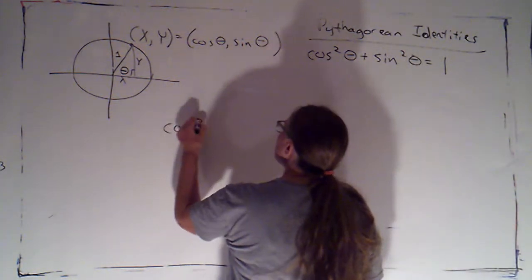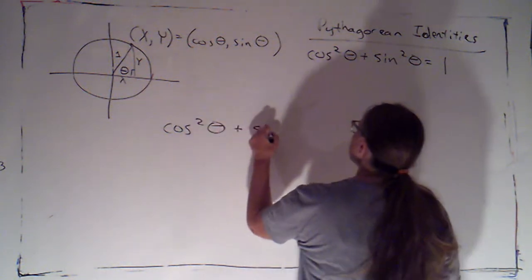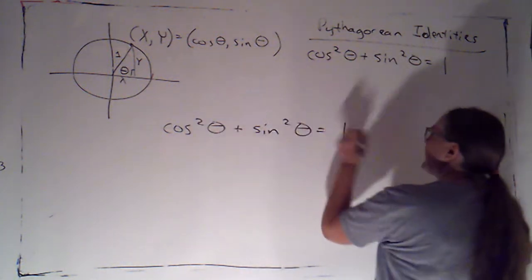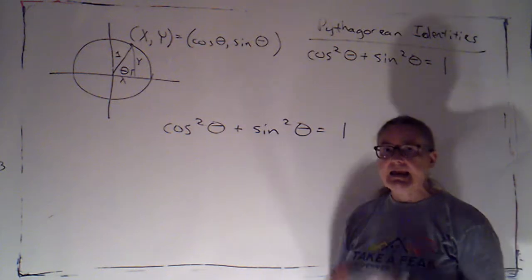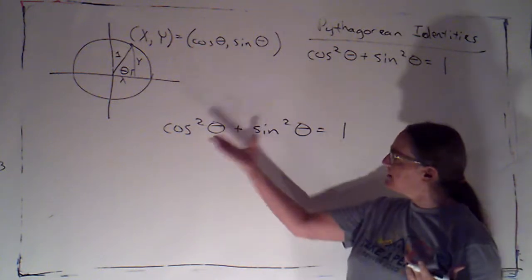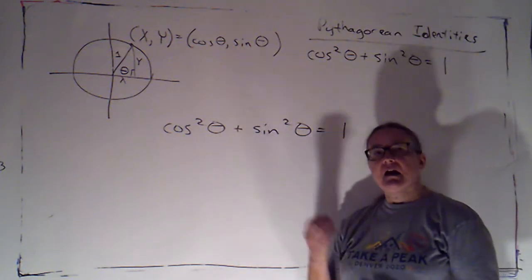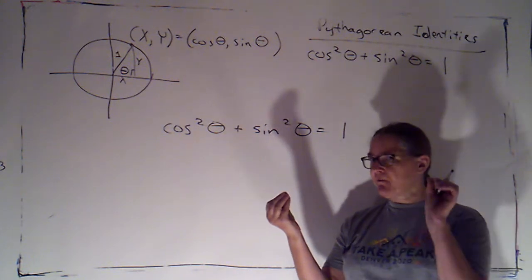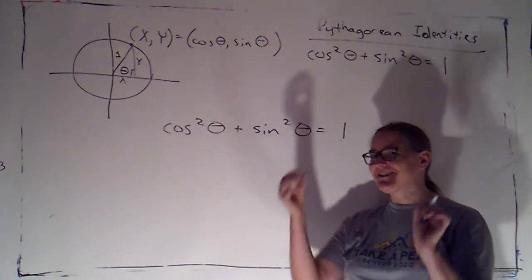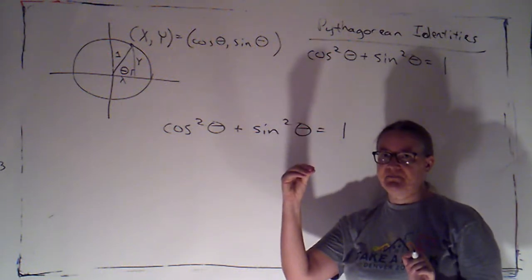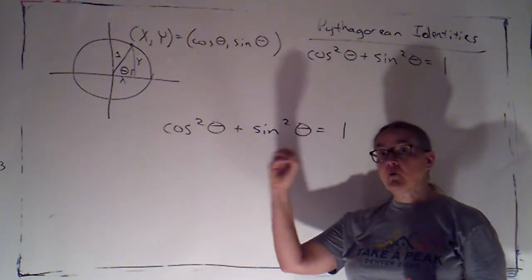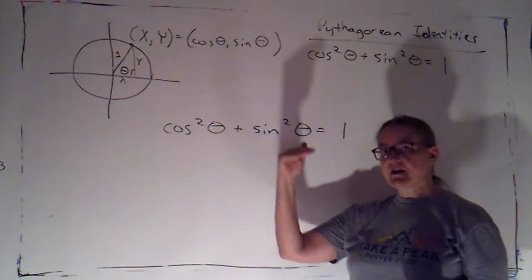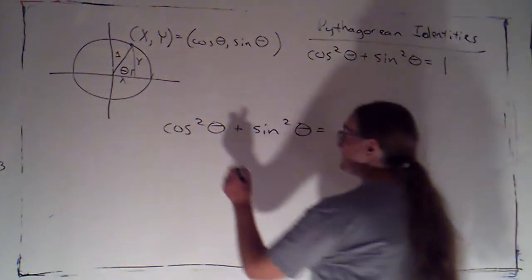If I start with cosine squared theta plus sine squared theta is equal to 1, that's dealing with cosines and sines. If I wanted something that involved tangents, I know from my quotient identity that tangent is sine over cosine. So tangent squared would be sine squared over cosine squared.